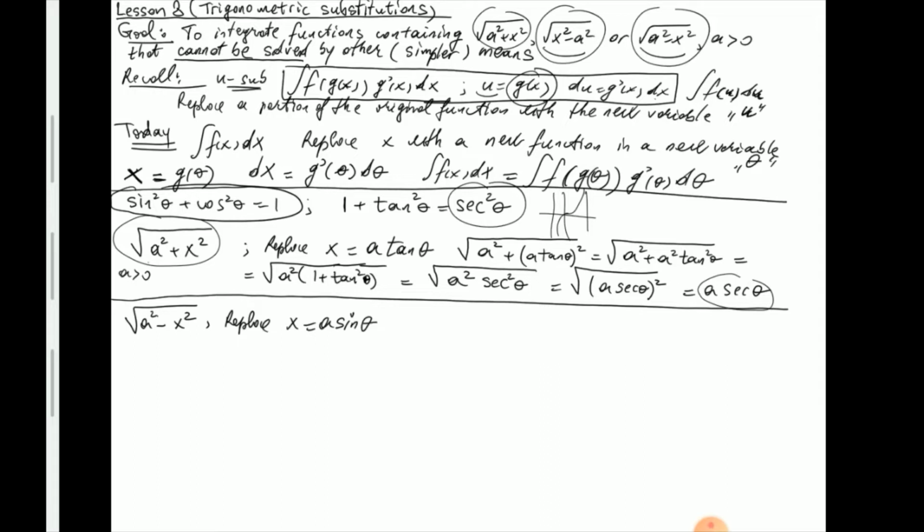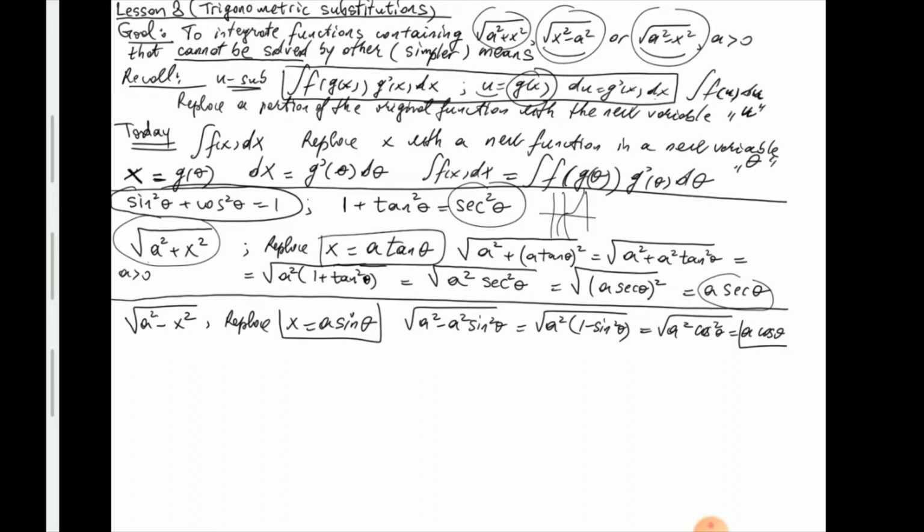If I do that, I can pull out a squared, giving a squared times 1 minus sine squared of theta. That's going to be a squared cosine squared theta, and then I can cancel the square root with the power, giving a cosine of theta. So again, I eliminate the radical. If I do this substitution, the radical becomes a cosine of theta. Previously, the radical became a secant theta.